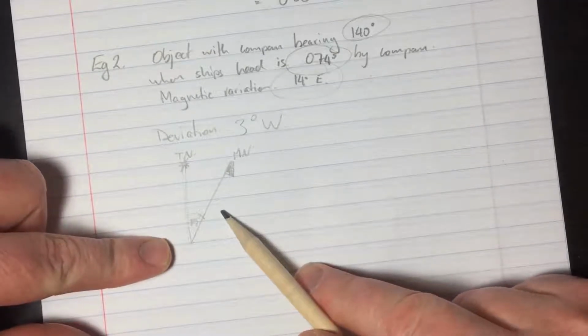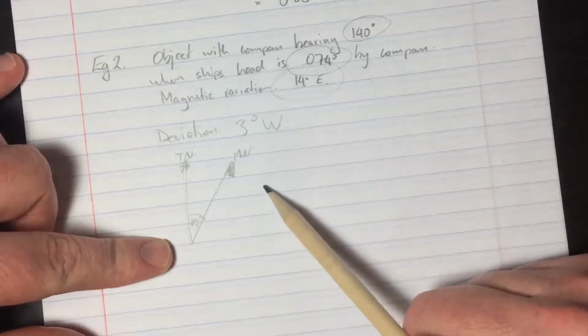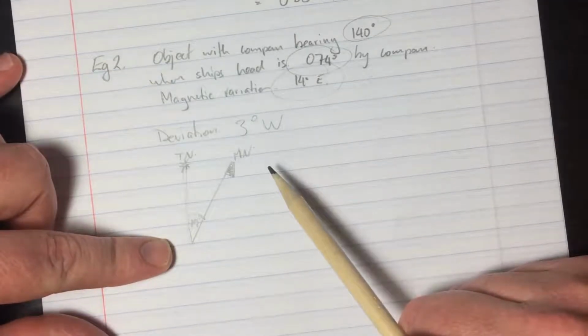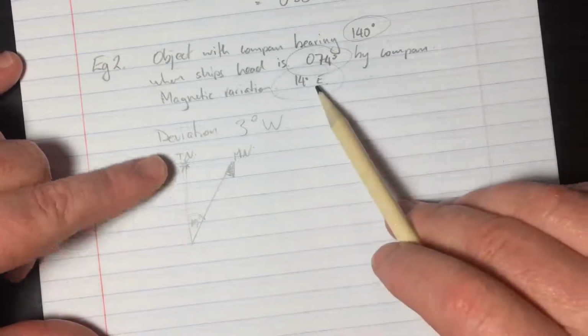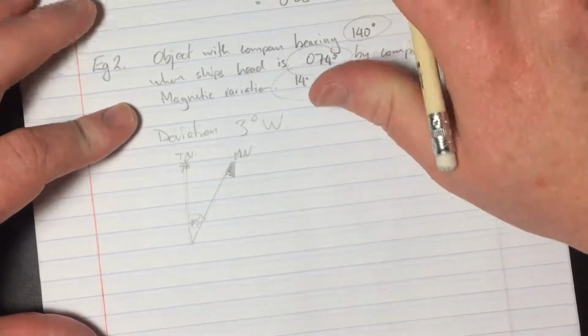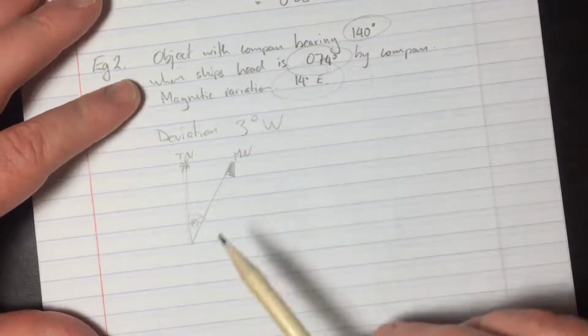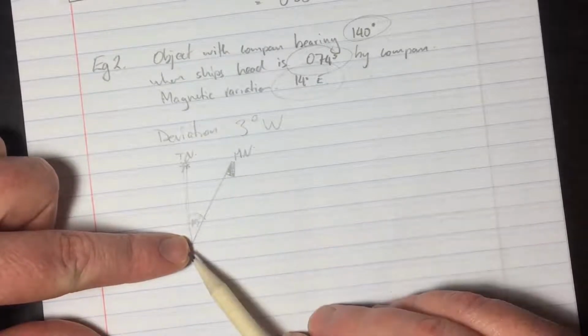We're looking for an object which has a compass bearing of 140 degrees. So next thing we need to think about is what the deviation of our compass bearing is, because our compass is not pointing directly at magnetic north.